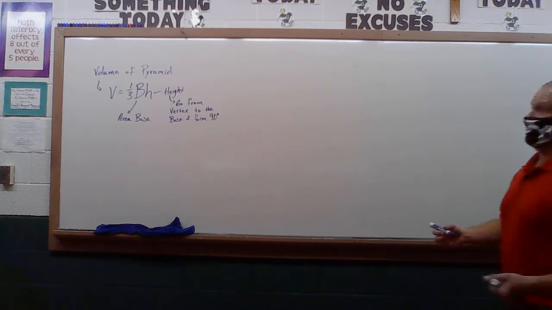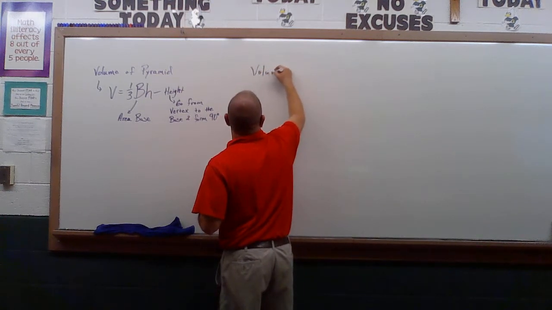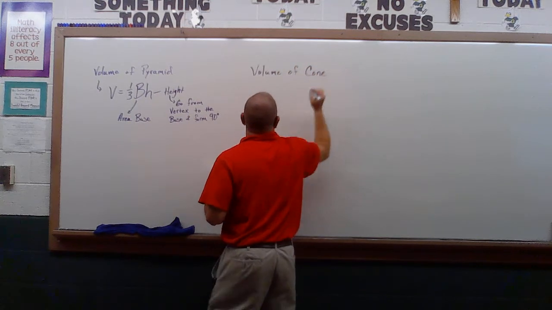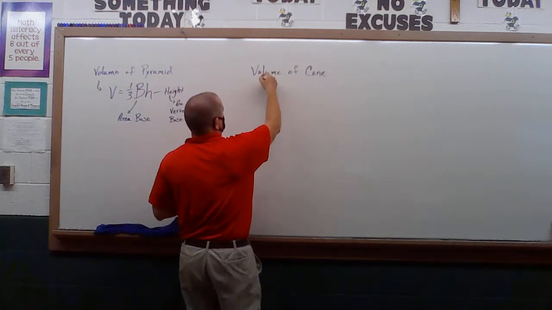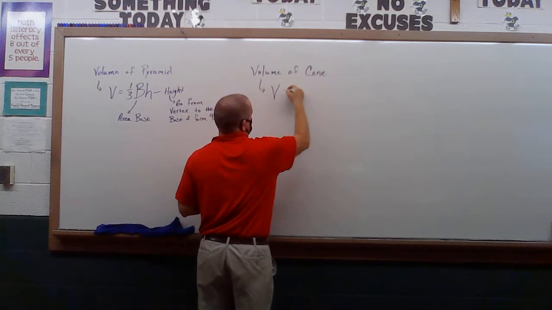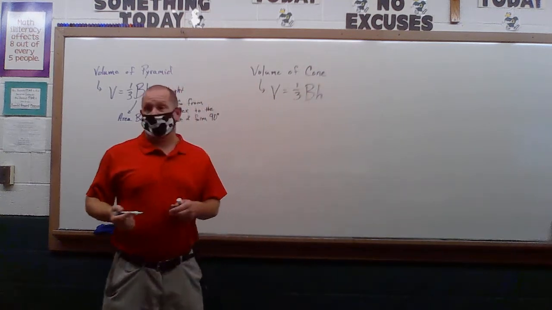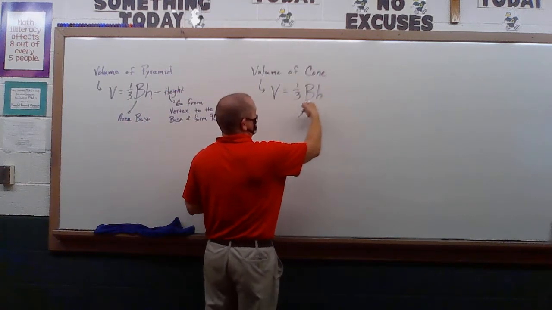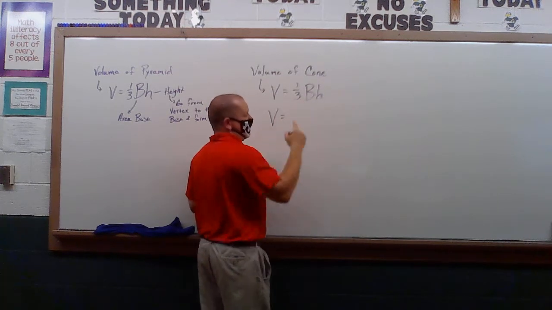And so, realistically, the volume of a cone should be just as simple, right? Basically, the volume of the cone we can simplify even more because we're still going to use the exact same thing, V equals 1/3 base times height. But in a cone, we always know that the base of a cone is always what? A circle. And so, realistically, we can simplify our formula by saying, what's my area of my base?